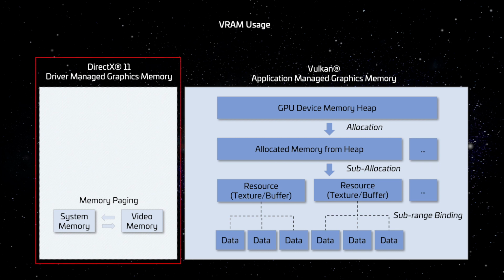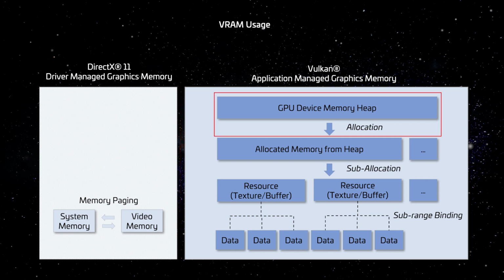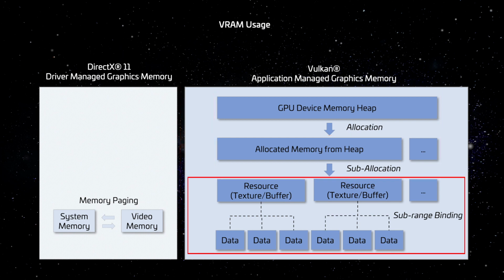From the diagram, we can see memory being paged in and out as it used to be when it was managed by the graphics driver. On the other side, we can see memory being allocated and then suballocated, and we can then offset into the data from this suballocation. The memory paging of years past could potentially result in a performance loss, because this was seen as more one-size-fits-all.